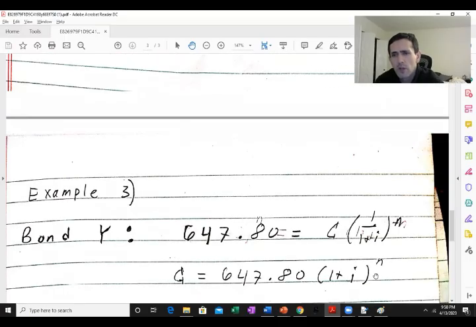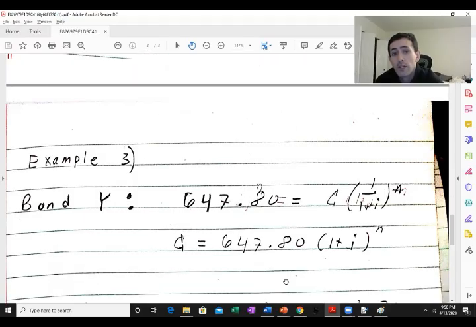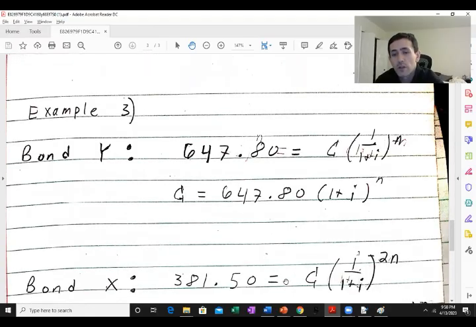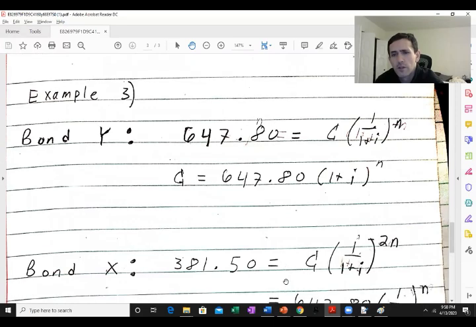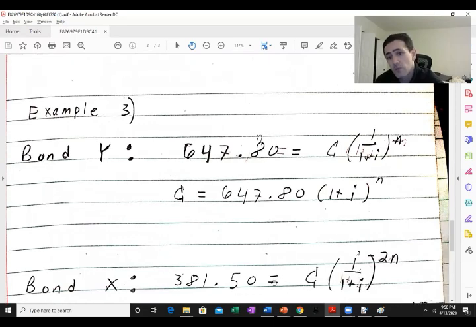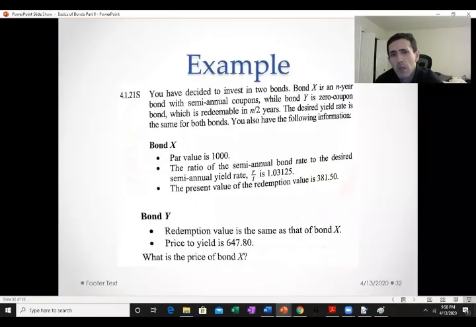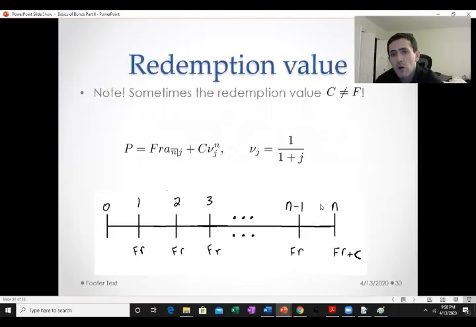So this means that C is $647.80, and I'm going to plug that into the price formula for bond X. Actually, before I do that, we're given that the present value of the redemption value is $381.50 for bond X. So all I'm doing is taking the present value of the C here.